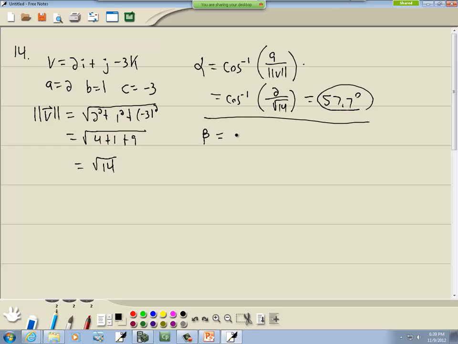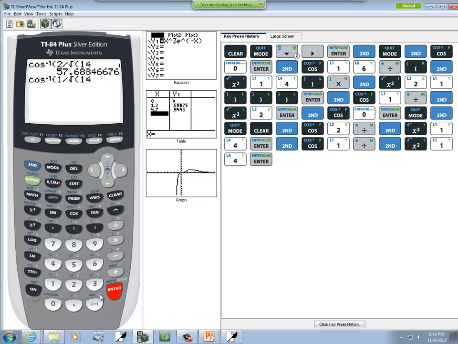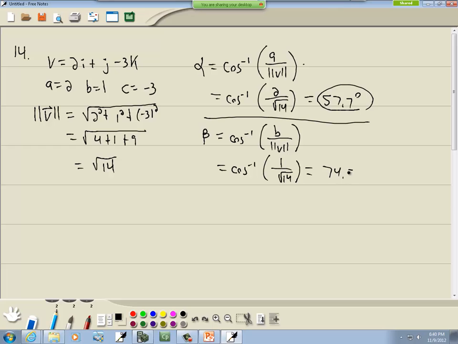Second angle. Got B over the magnitude of v. So inverse cosine of 1 over the square root of 14, and we'll get 74.5. Then our last one.